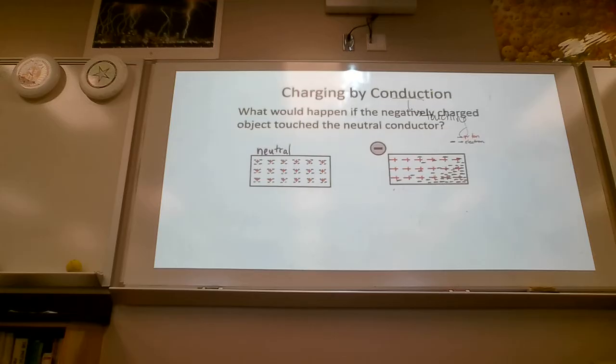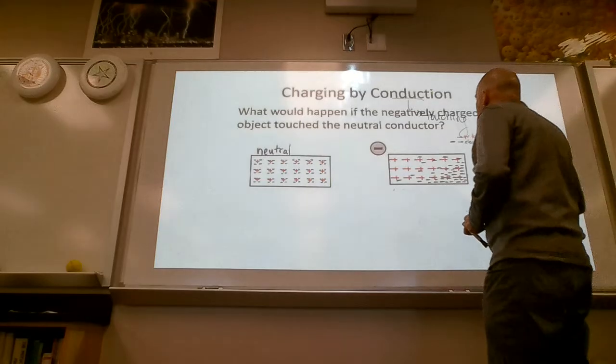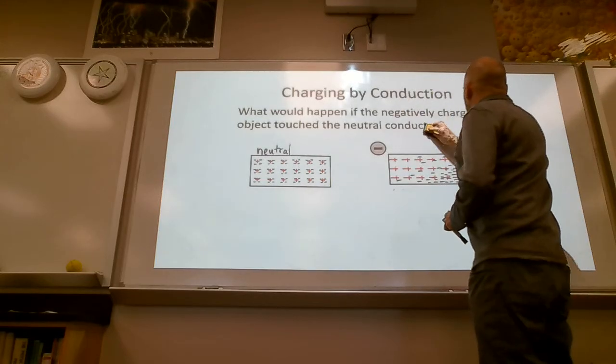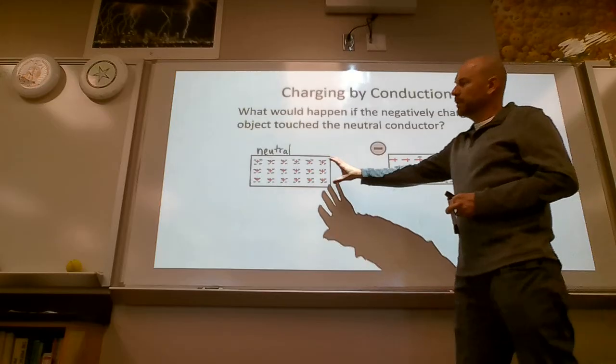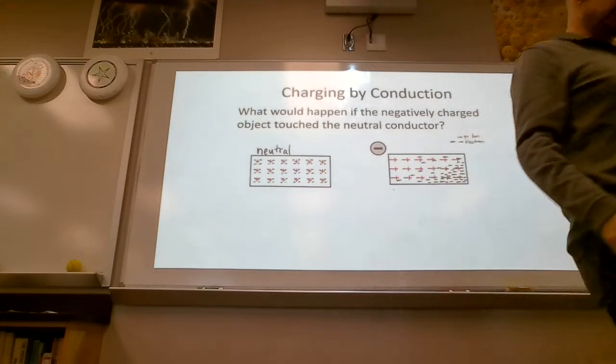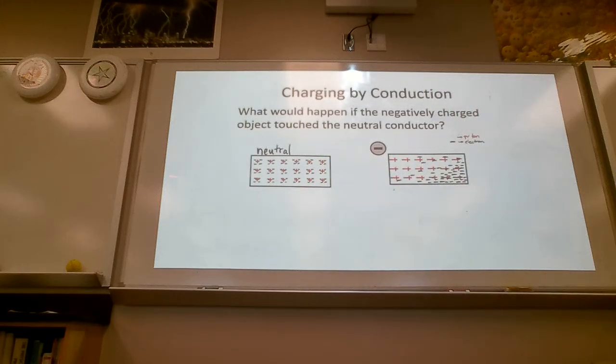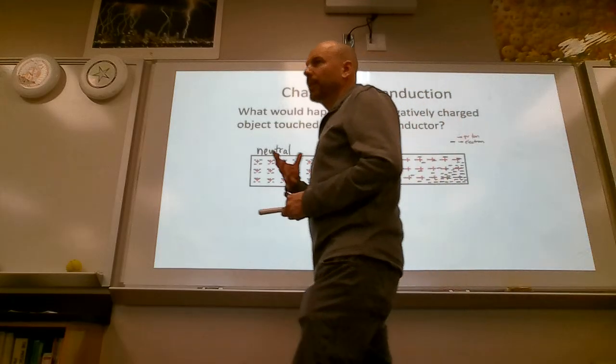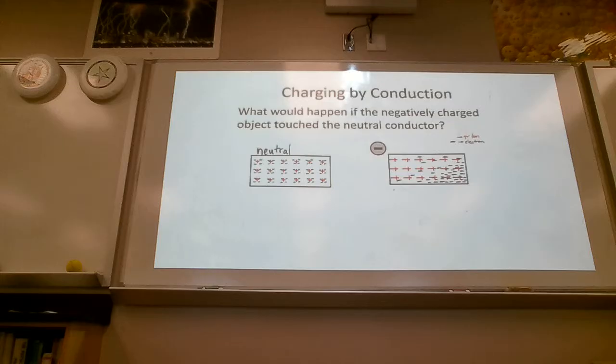So, if we take a neutral conductor, and then we bring a negatively charged object, a negatively charged bowling ball, near it, it polarizes. Okay? When you touch something, this allows electrons to transfer. There's a physical connection. Electrons can transfer. Okay?